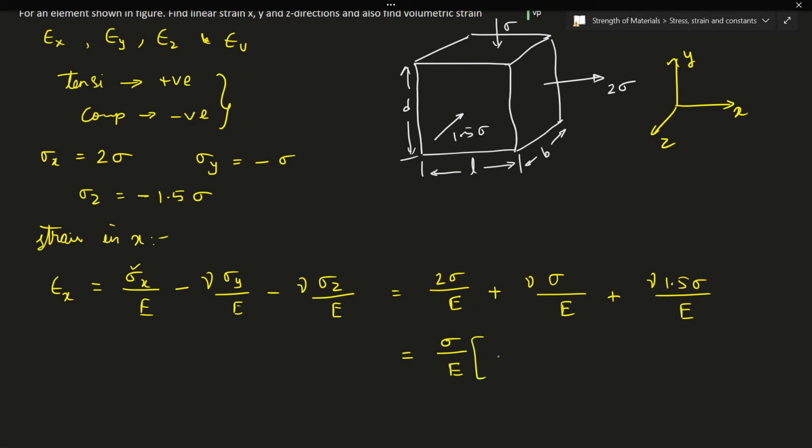So I'll have 2 plus 1.5 plus 1, plus 2.5 nu. So this would be epsilon x.